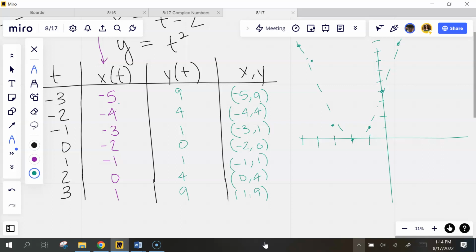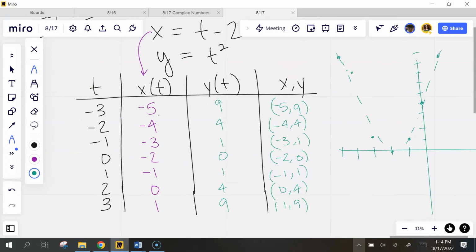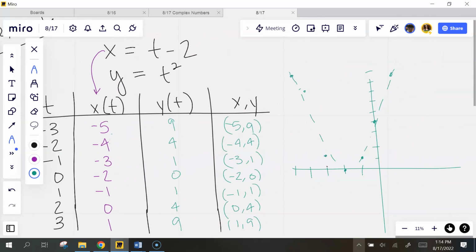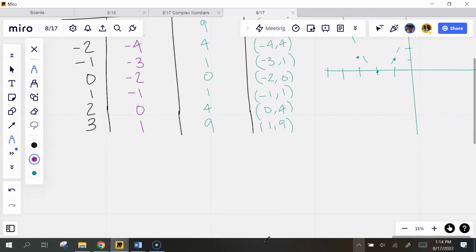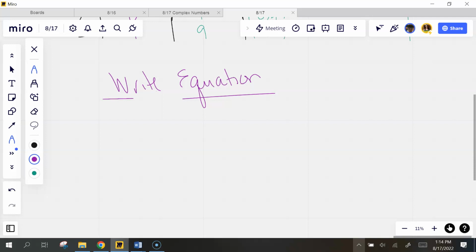Is everybody okay? Alright, let's keep going then. Let's talk about how we write the equation of this. This is, to me, the hardest part. So remember, I got these two equations, one for x and one for y, right? Think about this kind of like a system of equations, okay?